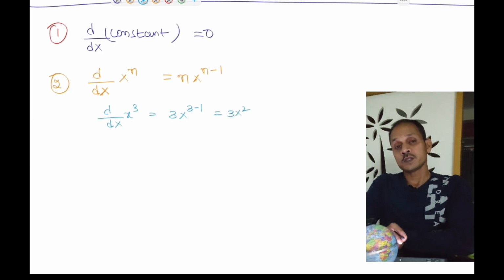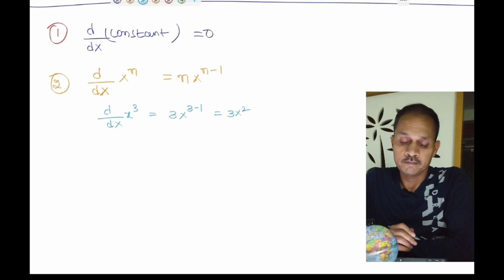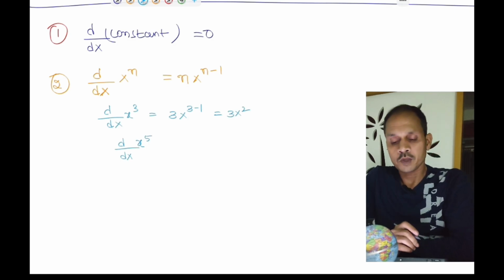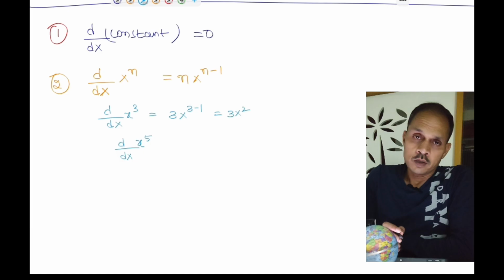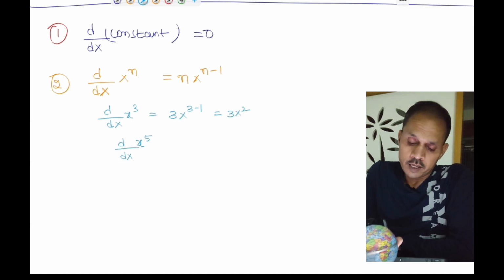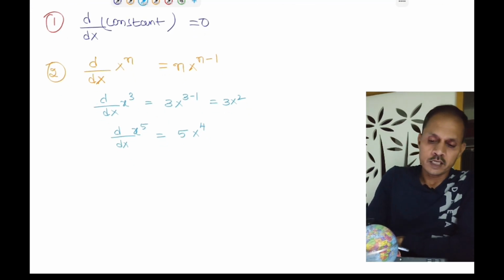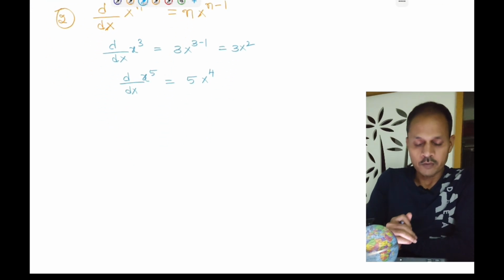So d by dx of x cube is 3x square. Now try d by dx of x power 5. What are you getting? Pause the video and check it. Did you solve? The answer will be 5x power 4. So you can do any x power n form like this.